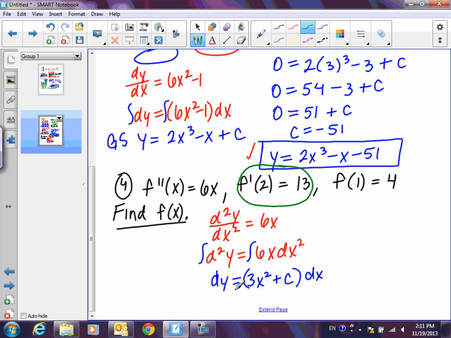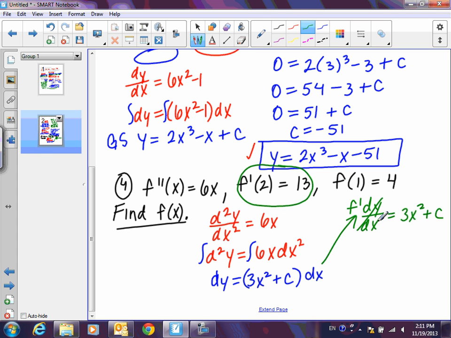So if I divide back over that dx, I can cross it off and say that's the same as f prime, and then I can use my point to find c.